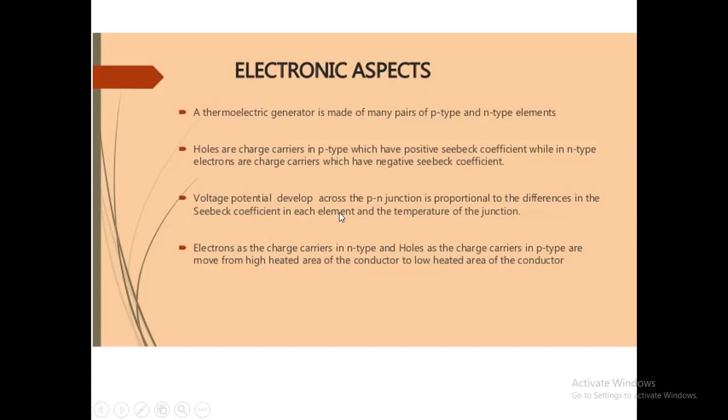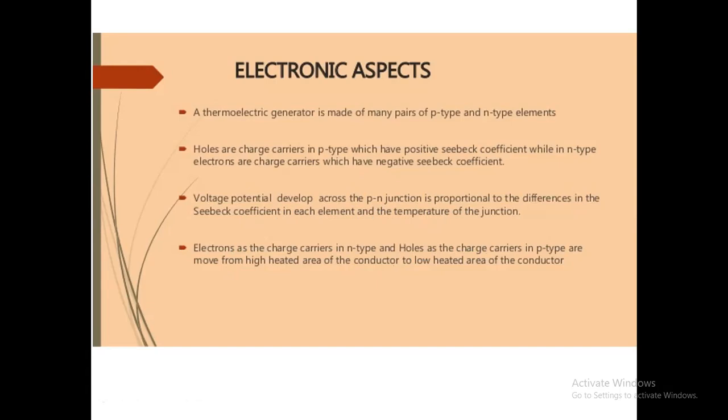The voltage potential developed across the p-n junction is proportional to the difference in Seebeck coefficient of each element and the temperature of the junction. Electrons as the charge carriers in n-type and holes as the charge carriers in p-type move from the highly heated area of the conductor to the low heated area of the conductor.